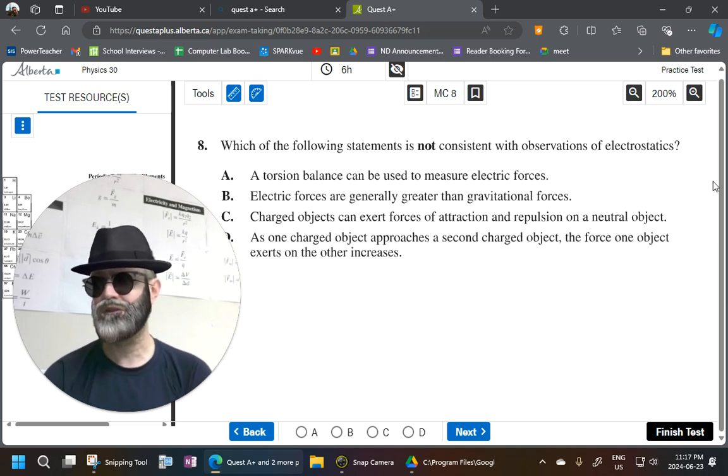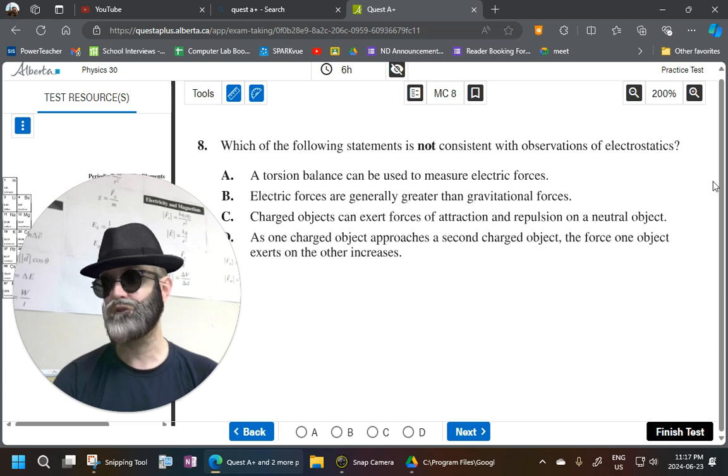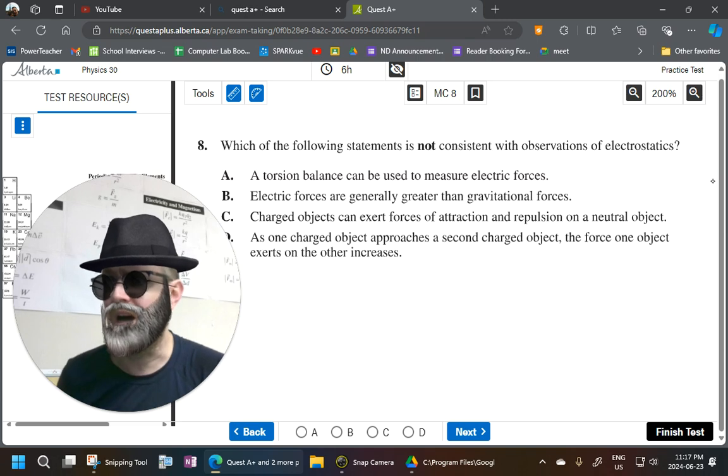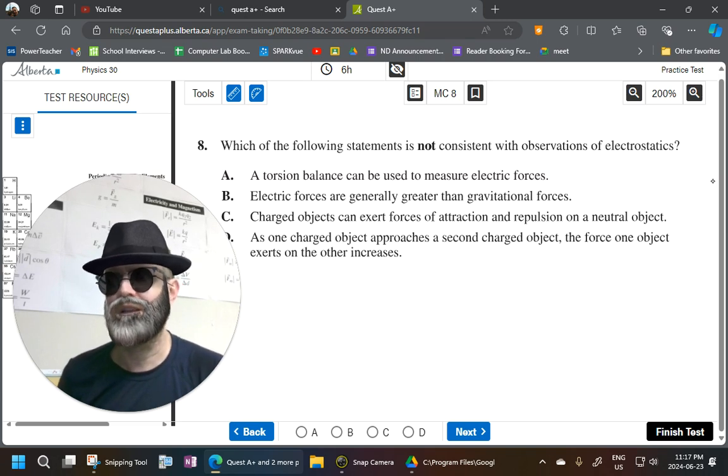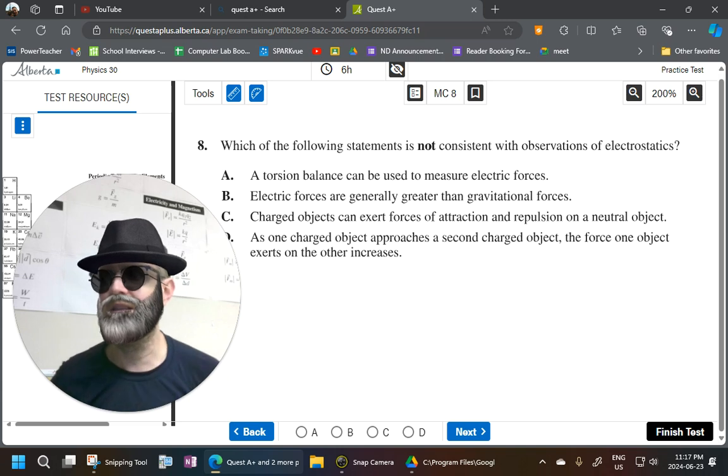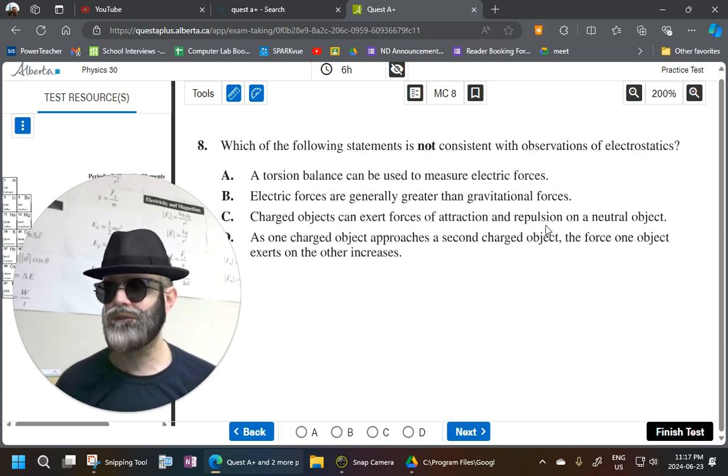Charged objects can exert a force of attraction and repulsion on a neutral object. Just attraction, actually, which I find is not consistent. So this repulsion one is really throwing me off. I don't like this idea of repulsion, so I'm going to cross that one off. As one charged object approaches a second charged object, the force increases. So that's true.